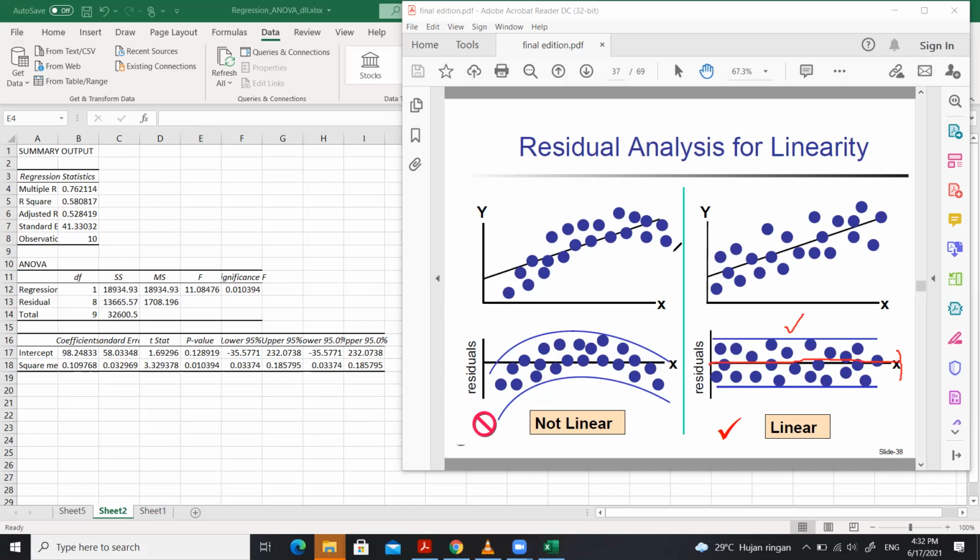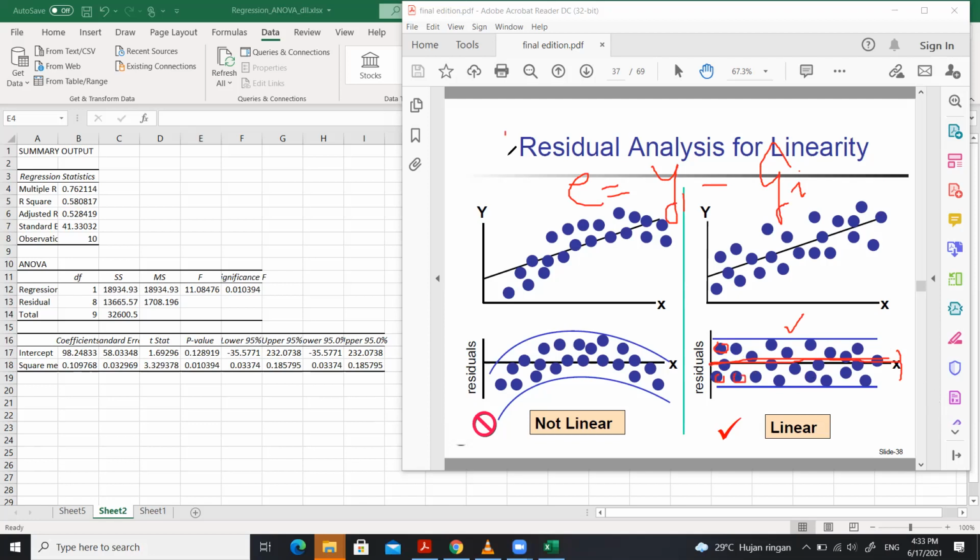Why a horizontal line? You remember that this is Y, the observed data, and this is the estimated. The result will be like this, and the data will be scattered with respect to the horizontal line.